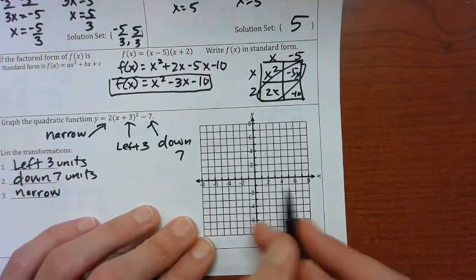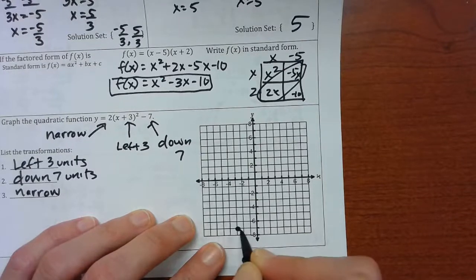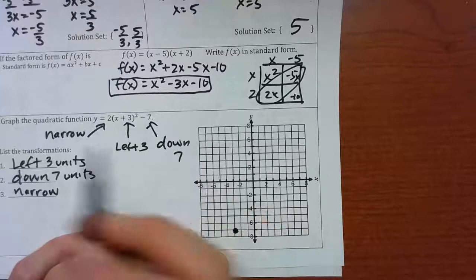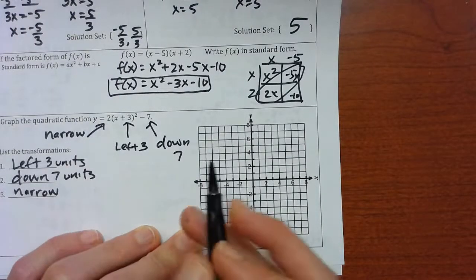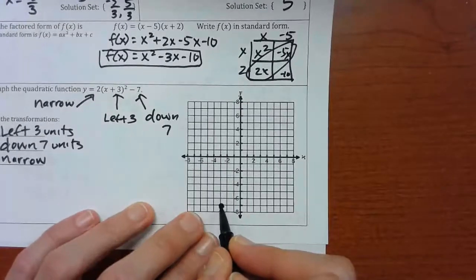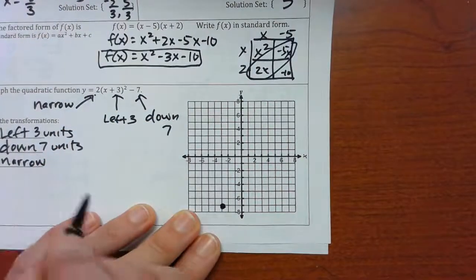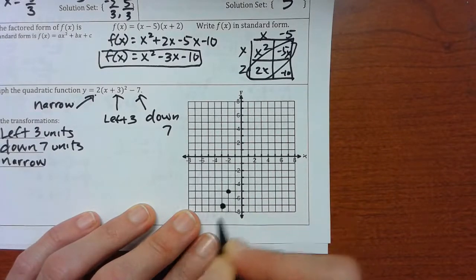Okay, so I'm going to go left 3 and down 7. So that puts the vertex right here. And then when I go to put the other points on, I know that it opens up because this is a positive number here, this 2. But the way that I put the other points on is not to go over 1, up 1. Because there's a 2 here, I have to double all the y values. So over 1 and up 2 and put a point.